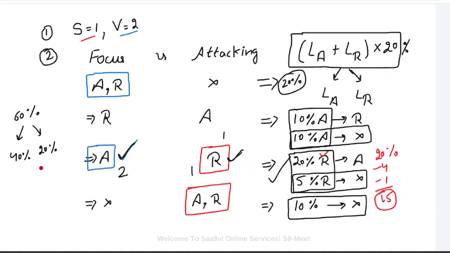The difference is 20%. Now Ramaya gonna attack, so she will lose 20% of her votes. That means minus 4% goes to Amaya, and 5% of her votes, that means 1%, that will not go to anyone. That means Ramaya gonna have 15% and Amaya gonna have 44%.